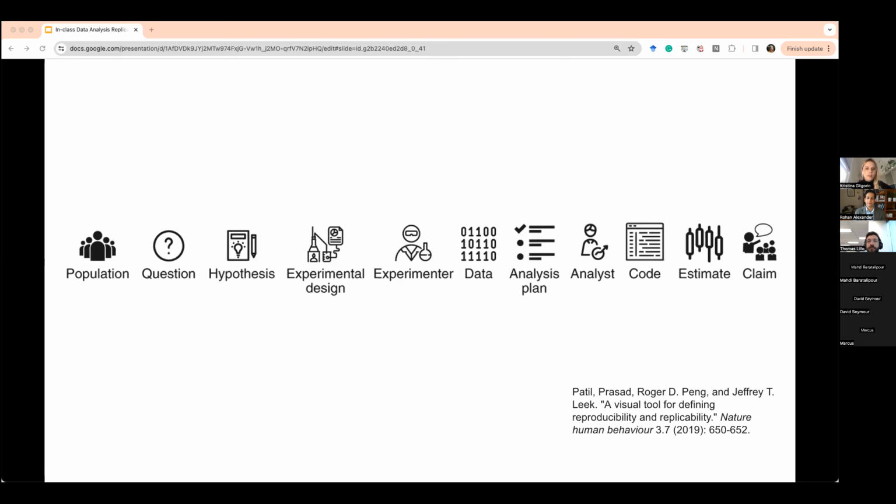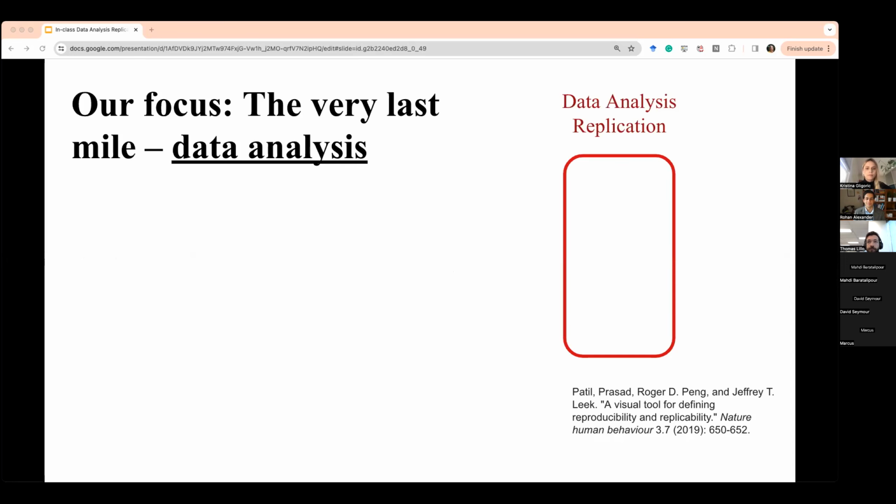The framework includes all components, from the population that is studied, the research questions, hypotheses, and experimental design, all the way to what is actually done: the experimenter, some data is collected, analysis is planned, and then the analysis is executed. We make some estimates and we make some claims. And we really know that there are replication challenges throughout this entire pipeline.